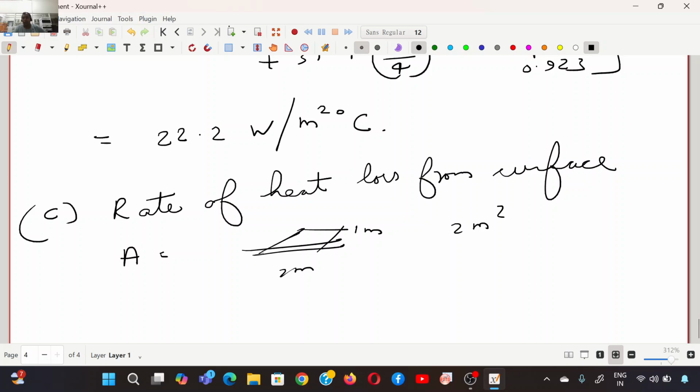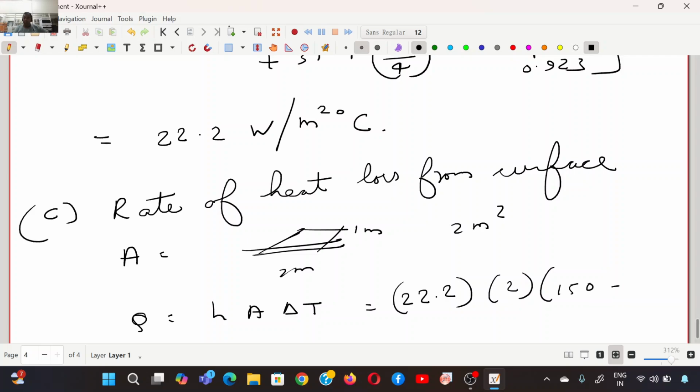So the area is 2 meter square, and our Q will be just h into A into delta T. For h we apply the average heat transfer coefficient. So it's 22.2 into 2, and what's the delta T? It's 150 minus 30, which is 120. So just plug in these values and you should get 5329 watt.